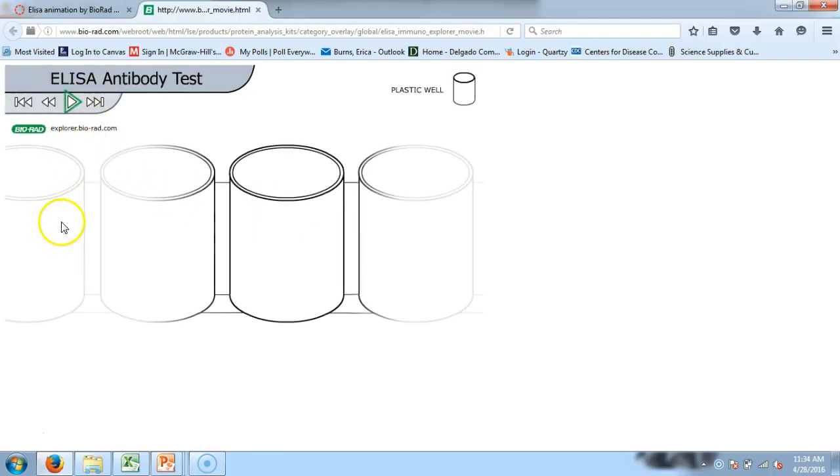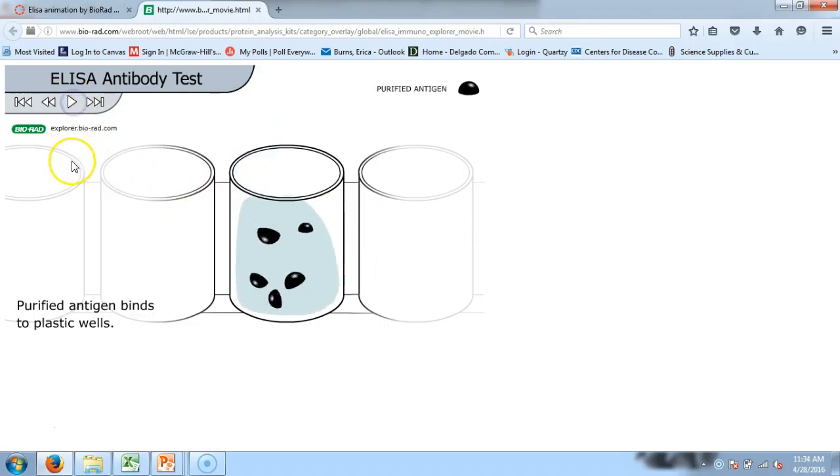So the first step is we're going to start with a strip of plastic wells that I'm going to give you guys. Each group is going to get a strip. Then you're going to add purified antigen into every single one of those wells. And we're going to let it sit for a little while, 5 minutes. Then we're going to dump it out onto some paper towels. And then we're going to put some wash buffer in.